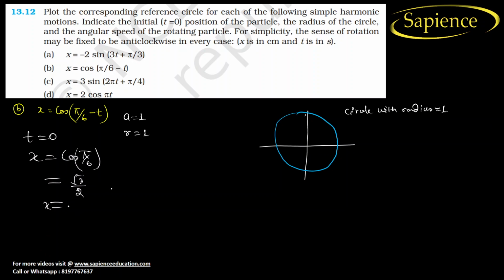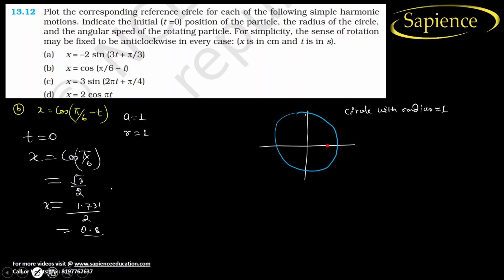Now the value of x is root 3 by 2, that is 1.73 by 2, which is approximately 0.8, and it is a positive value. So it will be somewhere at this point.